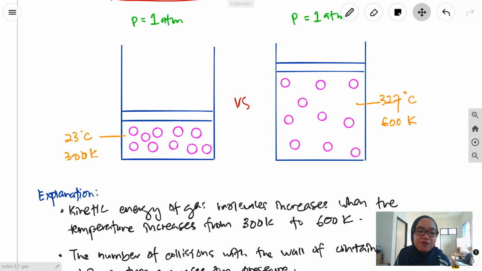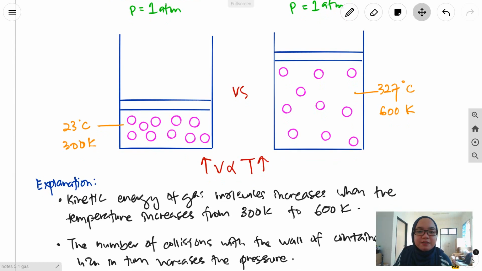The temperature for the first container is 300 Kelvin, while the temperature for the second container is 600 Kelvin. So we know that V is directly proportional to T. So when the temperature increases, the volume of the gas increases.